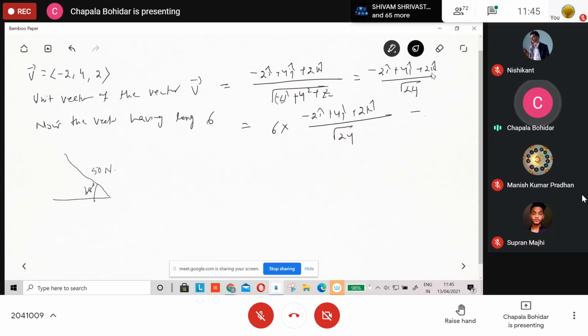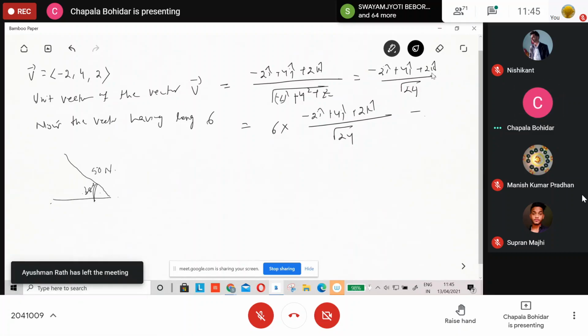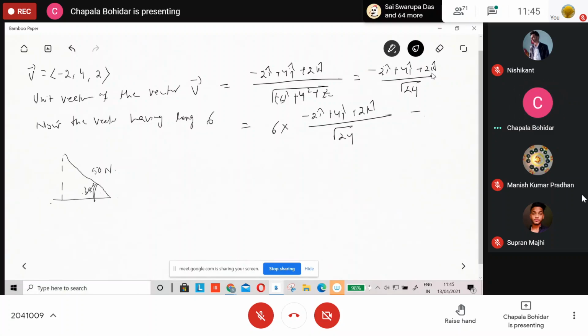It pulls like this. Clear? Find the horizontal and vertical component of the force.